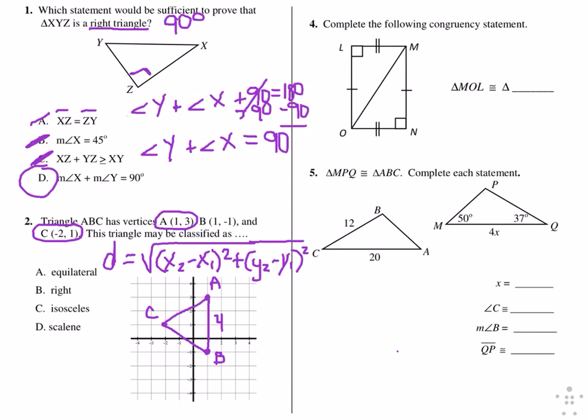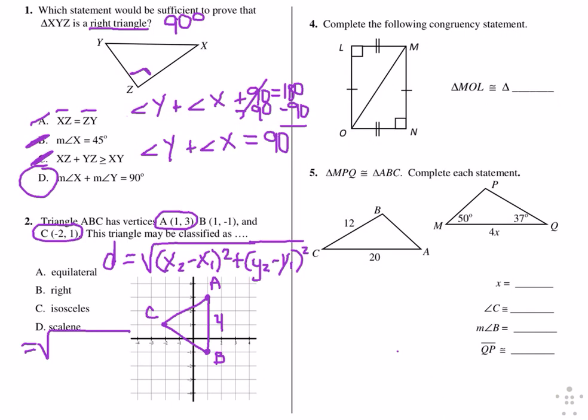So I'm finding the difference in the x coordinates, and I'm going to move my work over here so I have a little bit more space. The difference in the x coordinates would be 1 minus negative 2, and when you're subtracting a negative, that becomes addition.